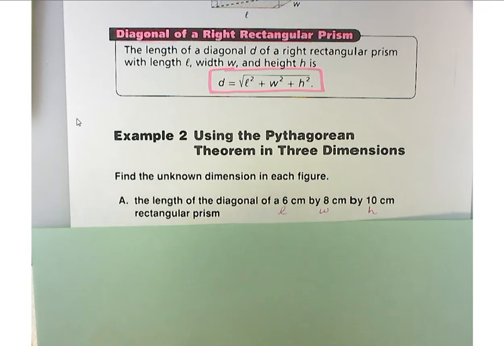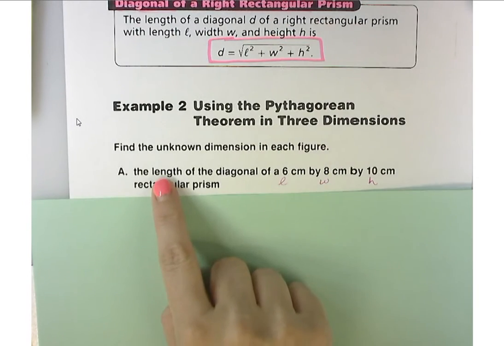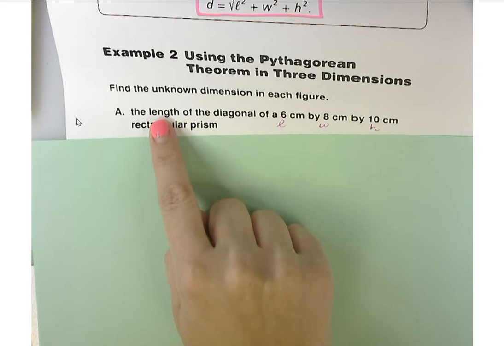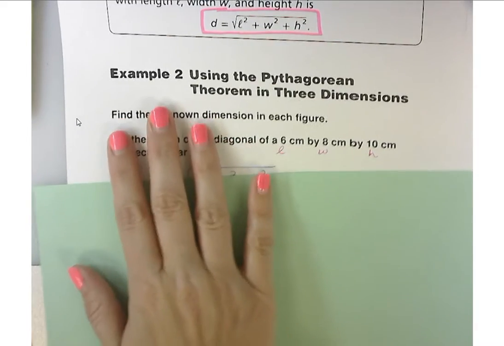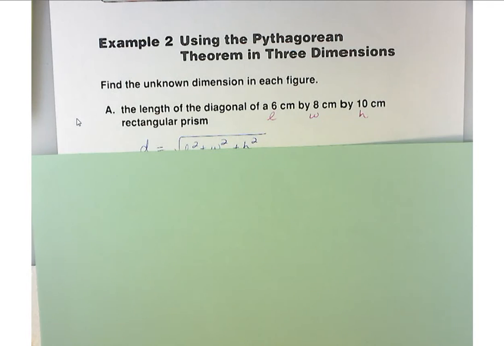So it tells us the length of the diagonal of a 6 centimeter by 8 centimeter by 10 centimeter rectangular prism, we want to understand what the unknown dimension is. Okay, so the dimension that we're trying to find is the length of that diagonal.